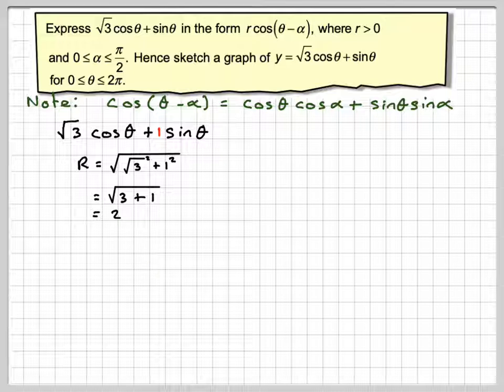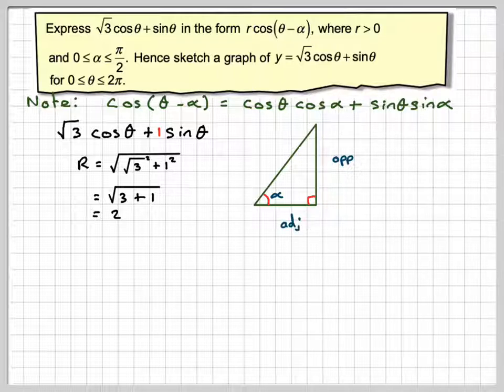so the square root of 4, which is equal to 2. And then alpha: because I want this one to be cos, and in front of the cos theta is root 3, then this is opposite, adjacent, and hypotenuse. I want the root 3 to be on the adjacent side, and the opposite side, because I want that to be sine alpha, will be 1, and the hypotenuse will be 2, which makes sense: the cos of alpha is root 3 over 2, and the sine of alpha is 1/2.